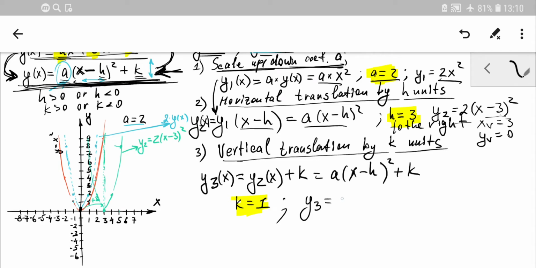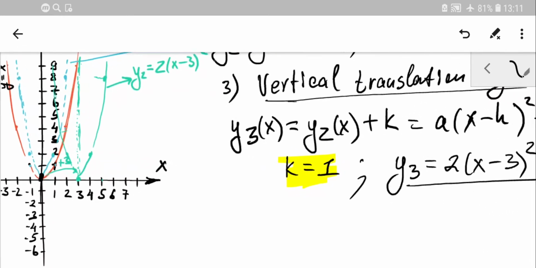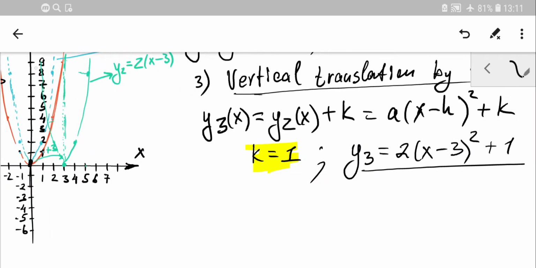And we simply put 2 times x minus 3 squared, and on top of that we add 1 unit. Okay, now let's see. So I use the black color now, and we restore the final shape for our parabola. We simply take our green parabola and we add 1 unit to every single point.